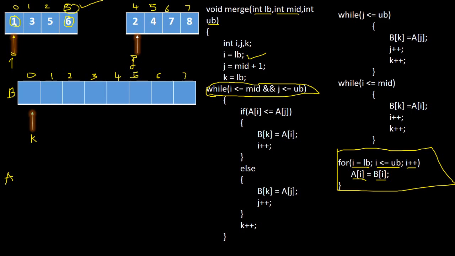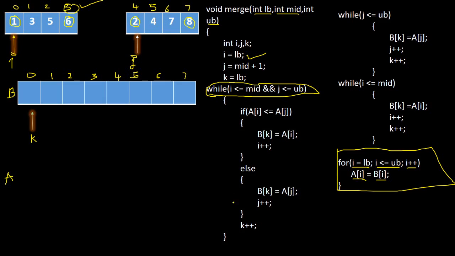So we want to compare all these elements, hence the i less than or equal to mid condition is there. Also we want to compare all these elements, j is equal to mid plus 1 up to j less than or equal to 7. 7 is nothing but your UB, upper bound, right? So until j exhausts or i exhausts, we are going to follow this procedure.